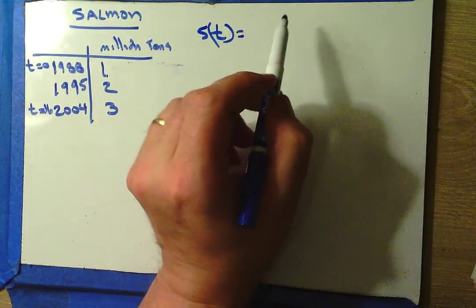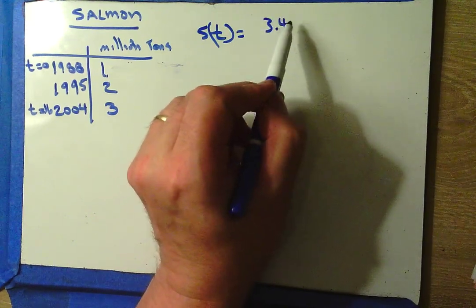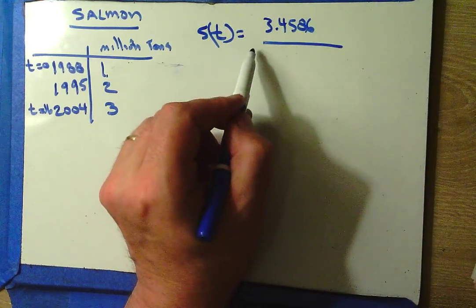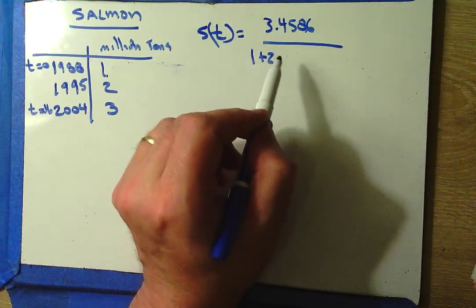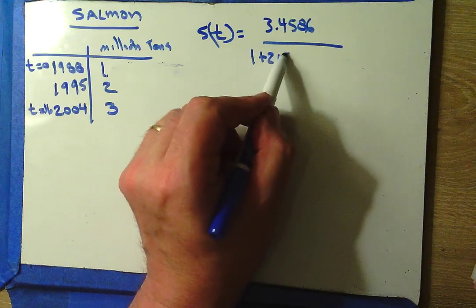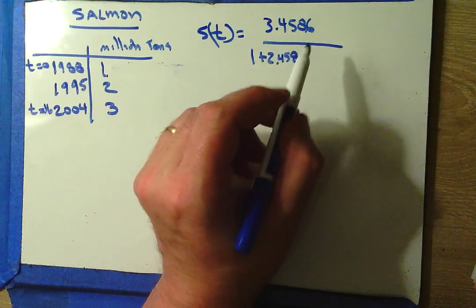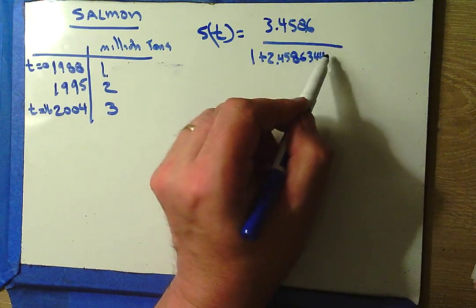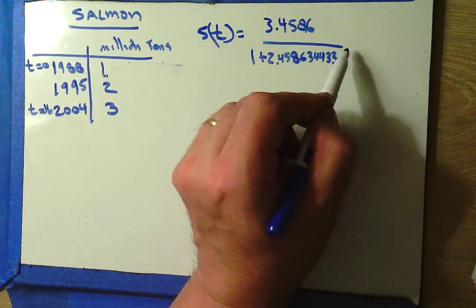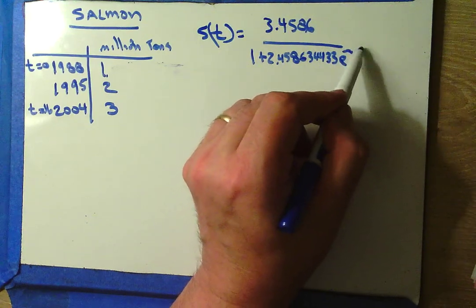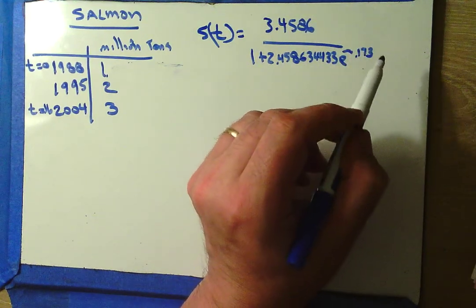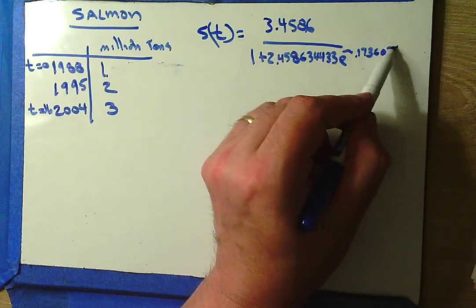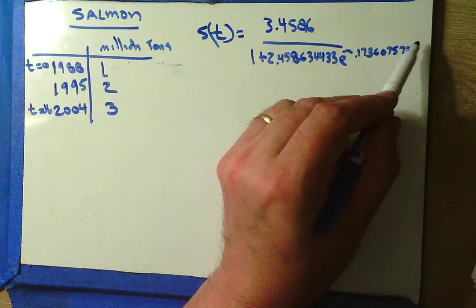Farmed salmon is a function of time, S of t equals 3.4586 over 1 plus 2.4586344333 to the negative 0.1736075728 t.